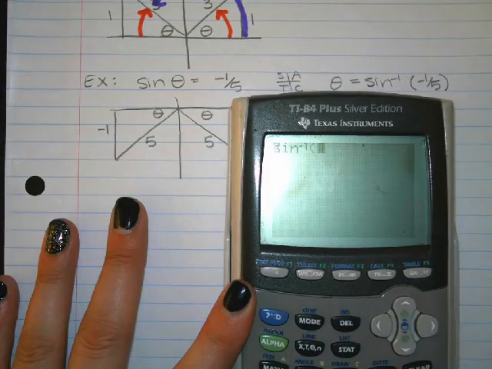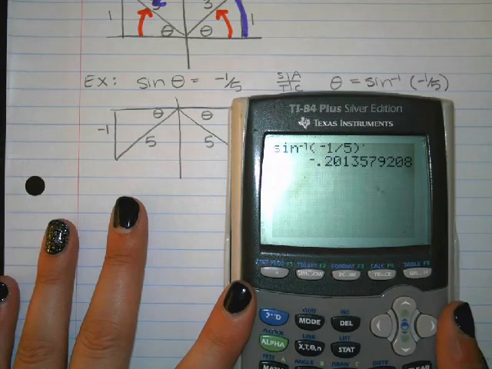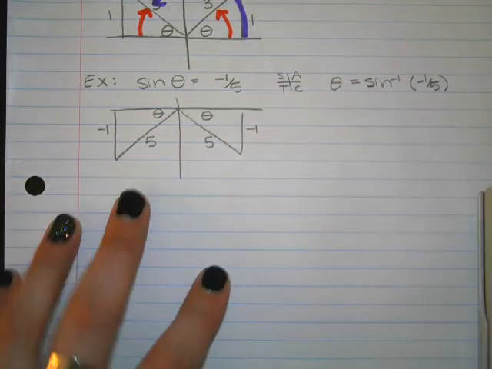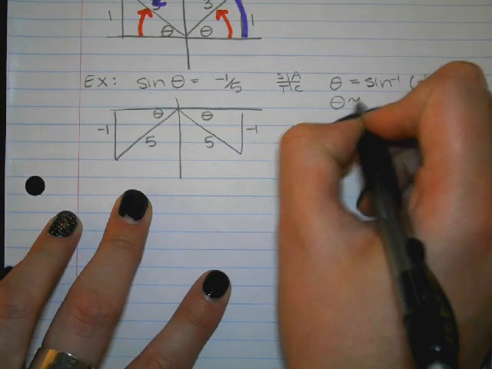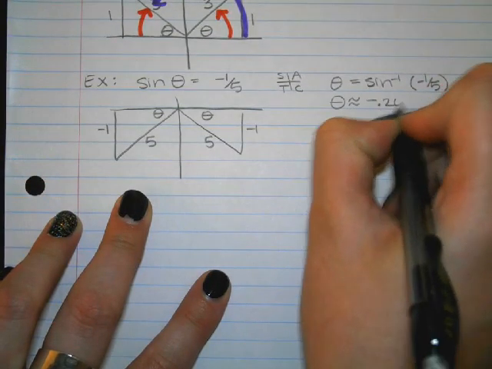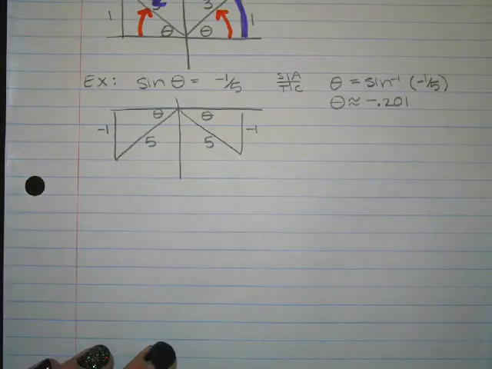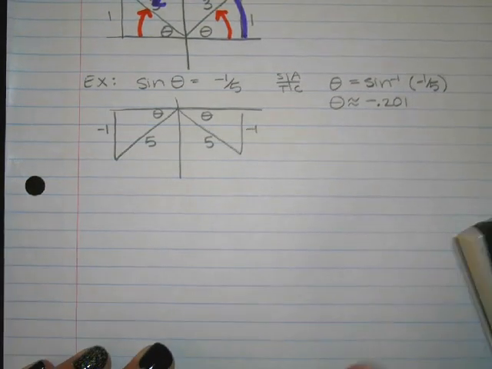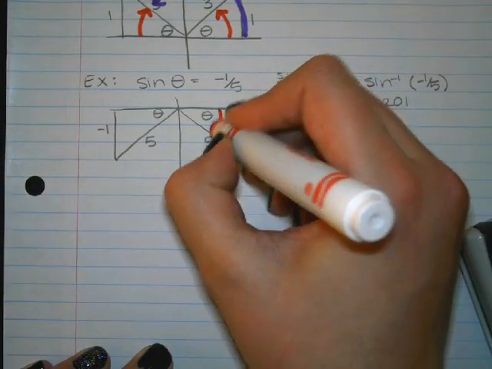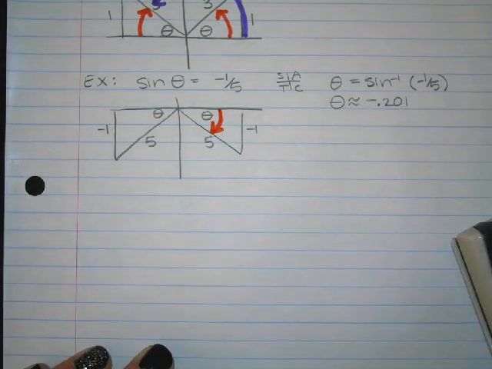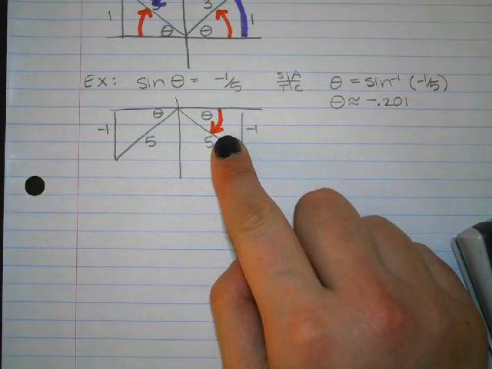So sine inverse negative 1/5 is negative 0.201, right? Okay. So that means it's a little decimal and it's negative. That means that our calculator measured this angle backwards. You see that? It measured the angle backwards.